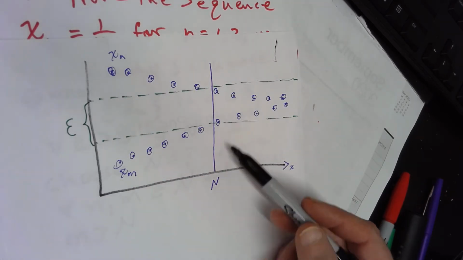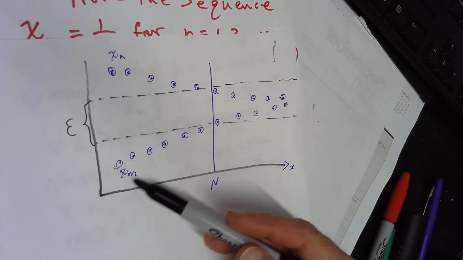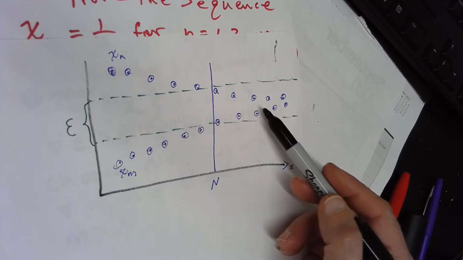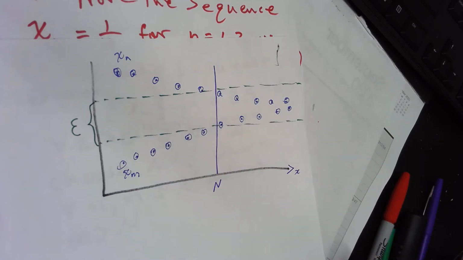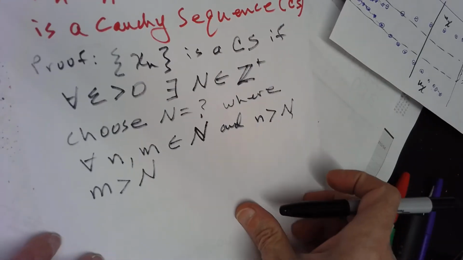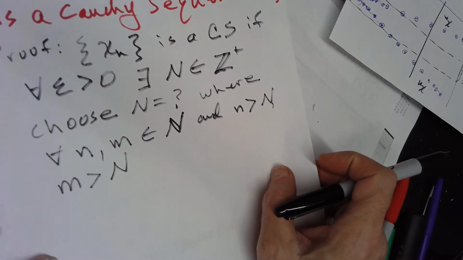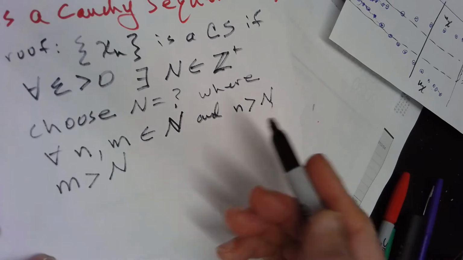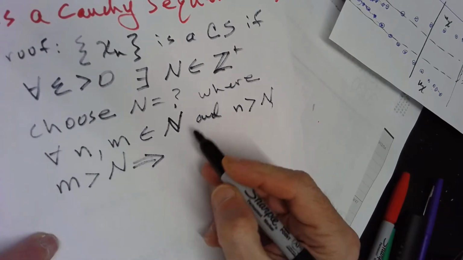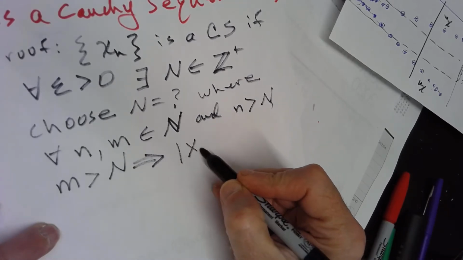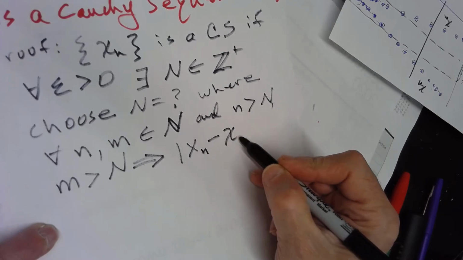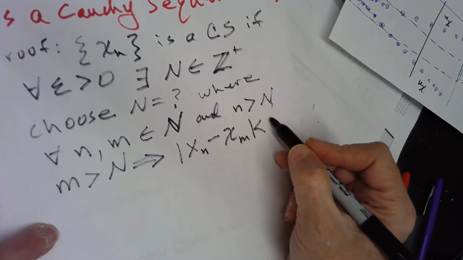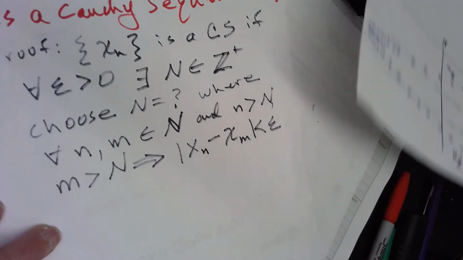Wherever we set this limit for N, our x sub n and x sub m are beyond that, so that we can be within epsilon. So this implies that the difference x sub n minus x sub m is less than epsilon.